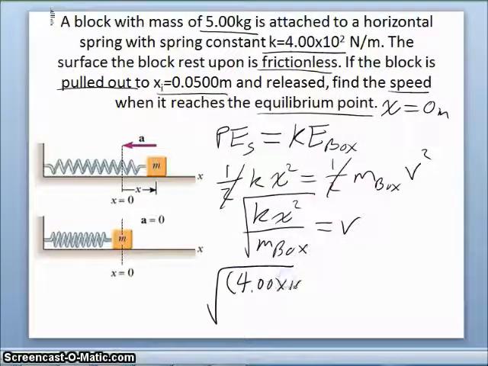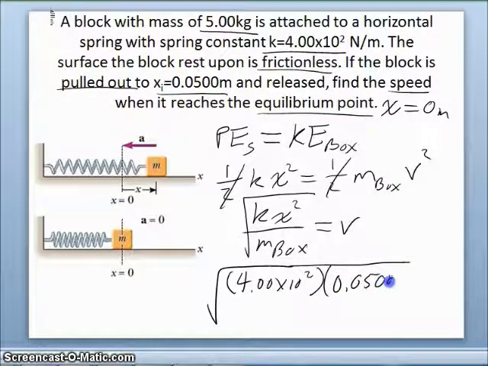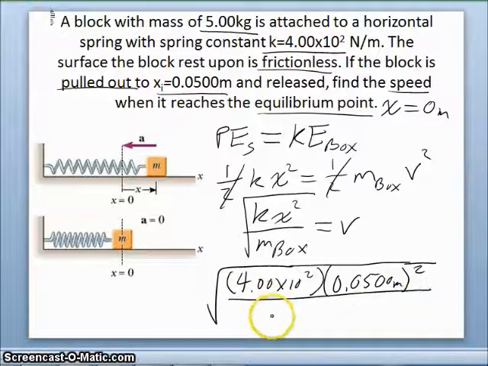4.00 times 10 to the second times x squared. So we displaced the spring 0.0500 meters squared, divided by the mass of our box, which is 5.00 kilograms.